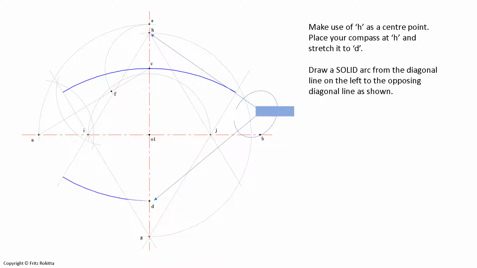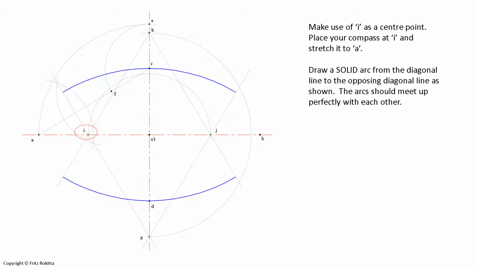And this will be a solid arc, therefore it will go through point D and meet up with the two diagonal lines that flow from point H through I and J. In this step, we will also make sure that we carefully place our compass at point I and stretch it to point A. Now we will draw a solid arc that meets up with the previous two larger arcs, and that arc will go perfectly through point A.